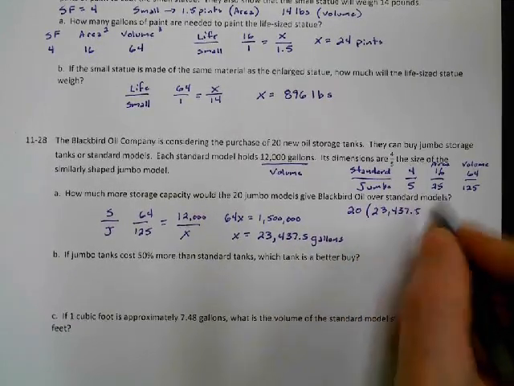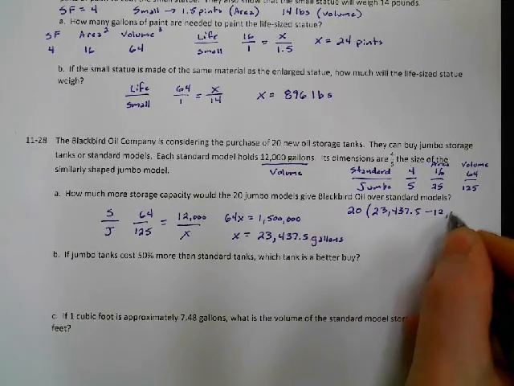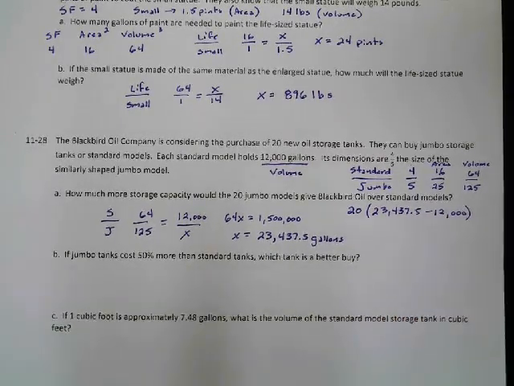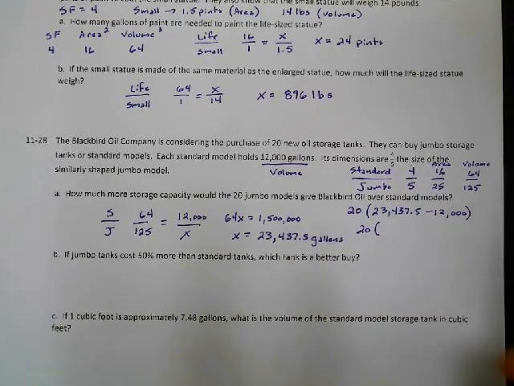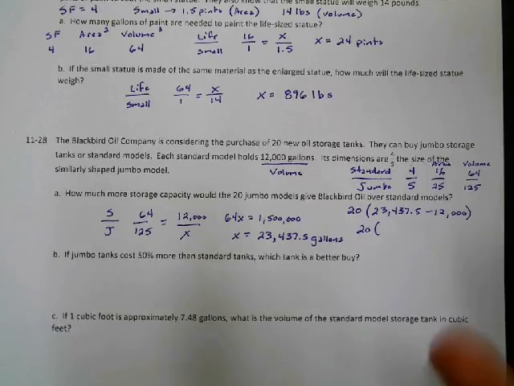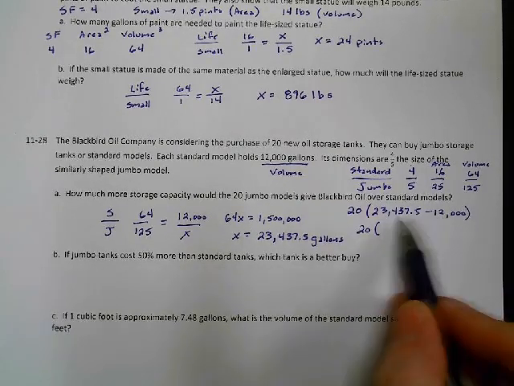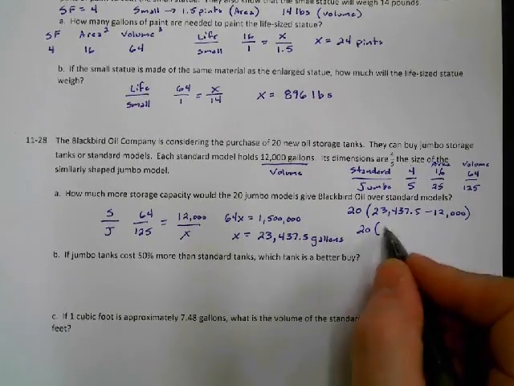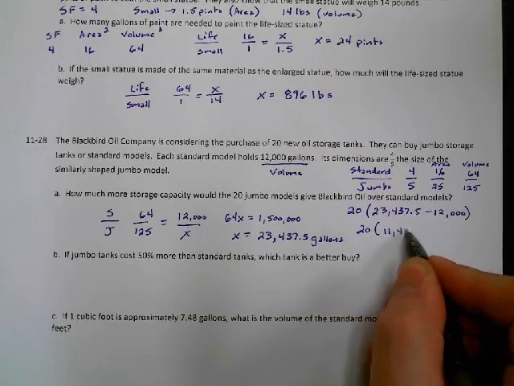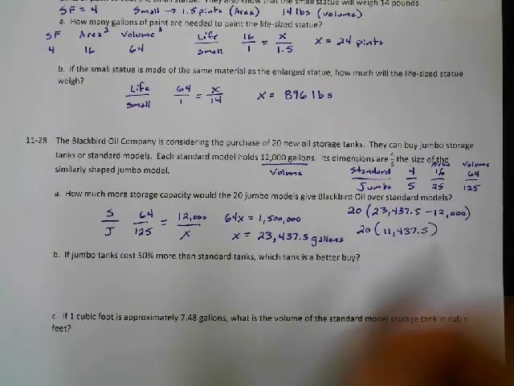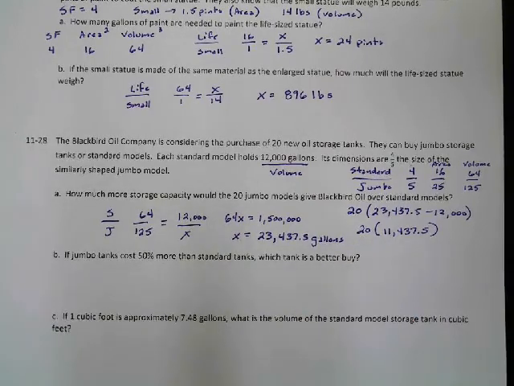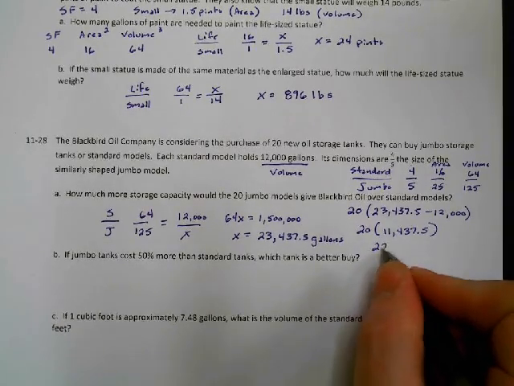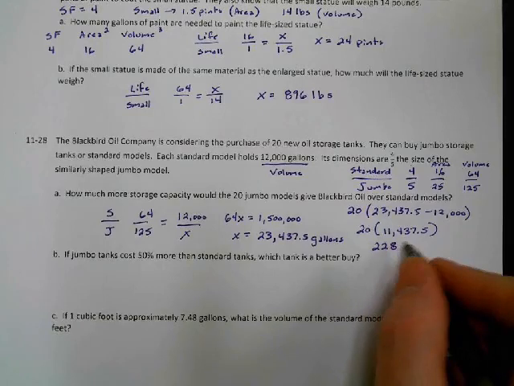The difference between those two models, if I subtract out the standard model, one single storage tank, the difference between one storage tank would be 11,437.5. That's the difference between one, and we want the difference between 20 of them. So 20 times that comes out to 228,750 gallons.